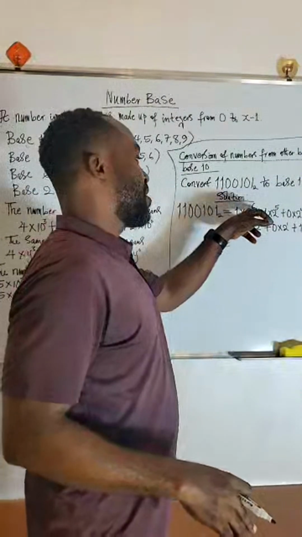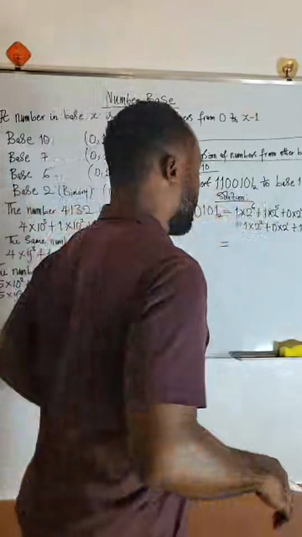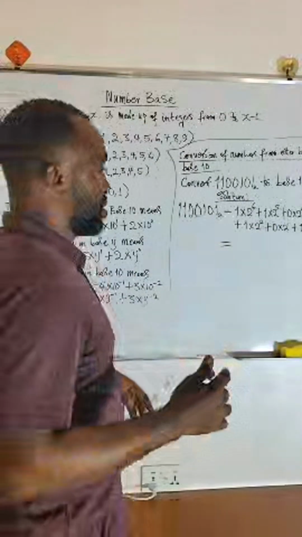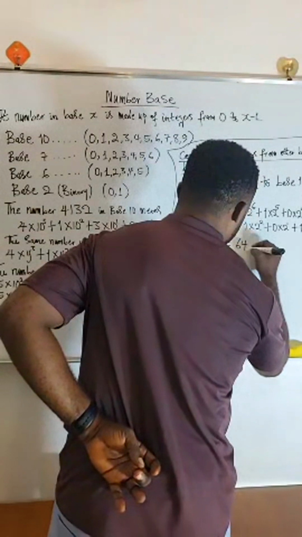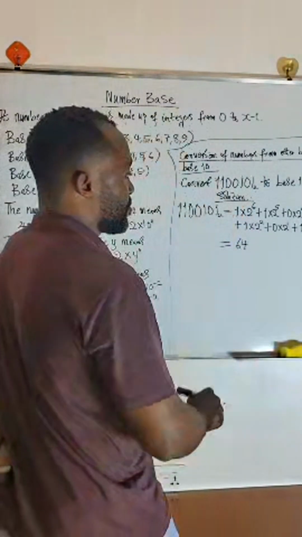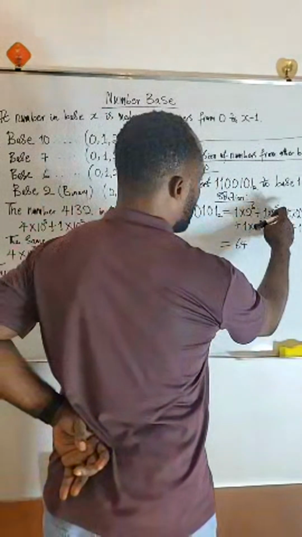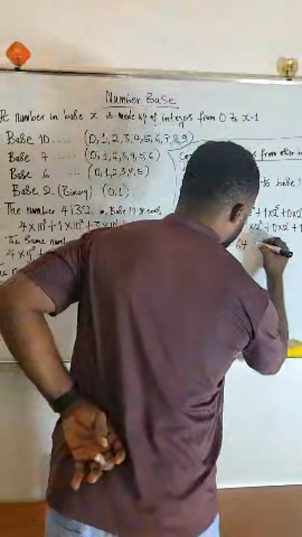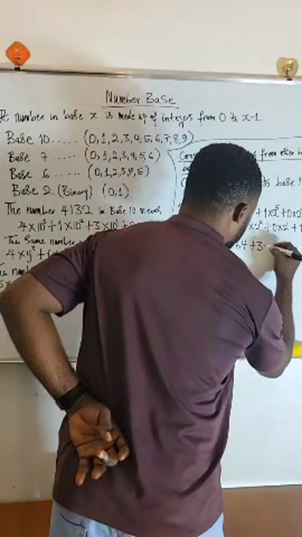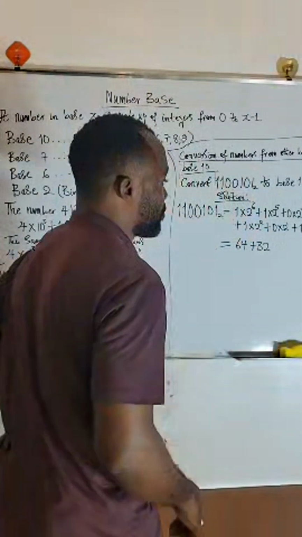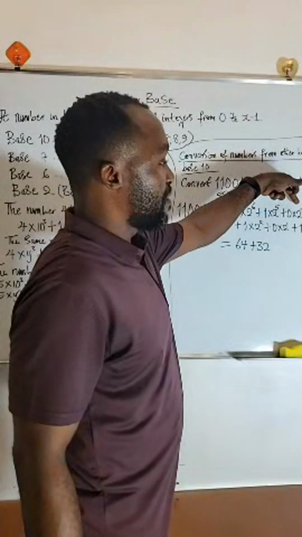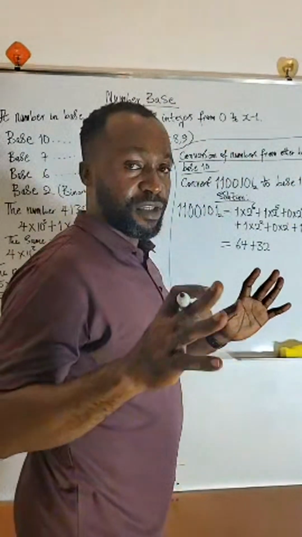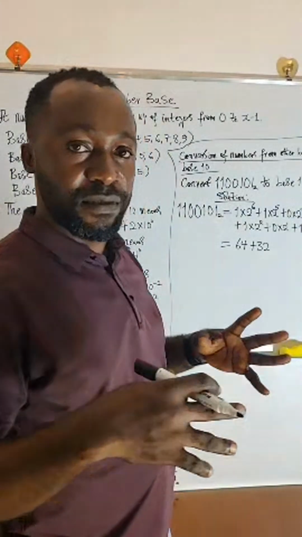2 raised to the power of 6 is going to be 64. Okay, and then 1 times 2 raised to the power of 5 is going to give us 32. Now 0 times 2 raised to the power of 4, anything multiplied by 0 is 0.